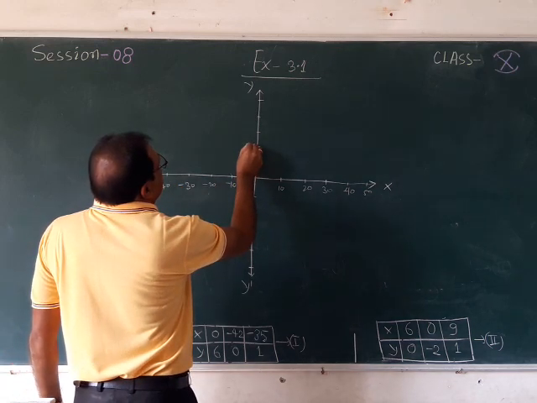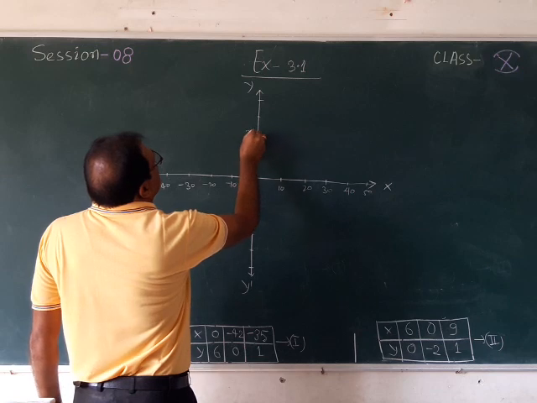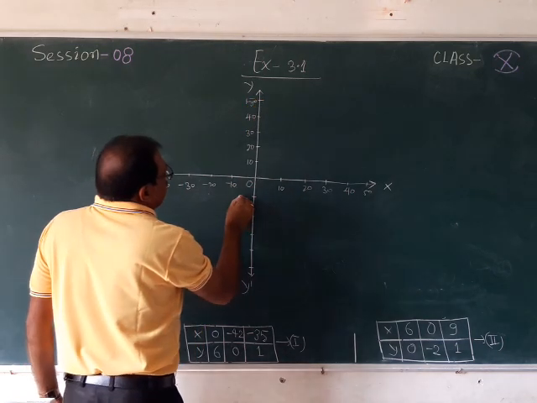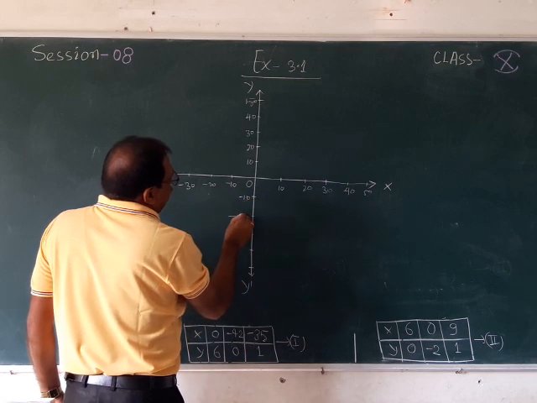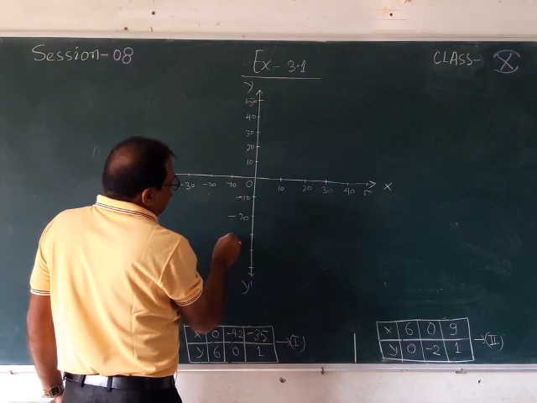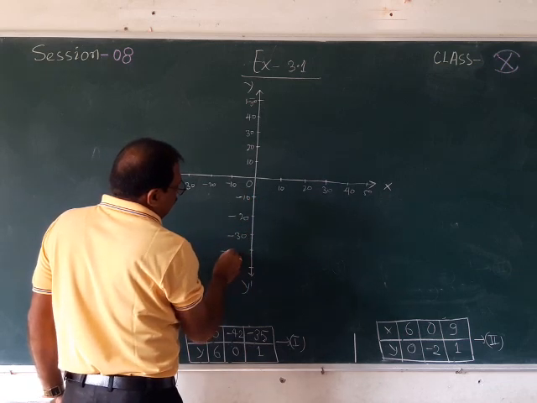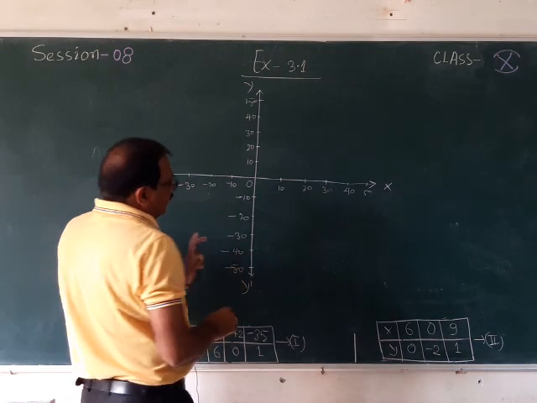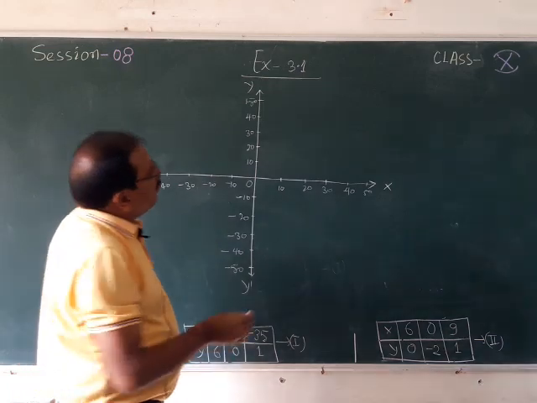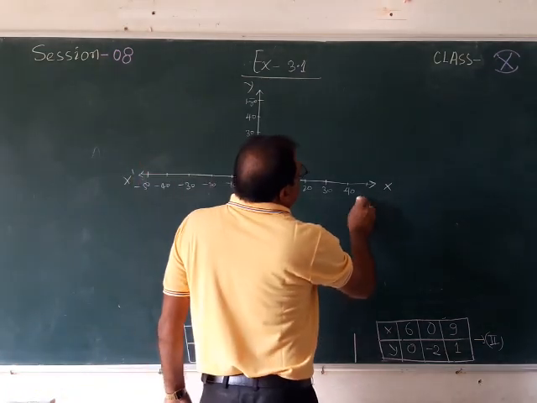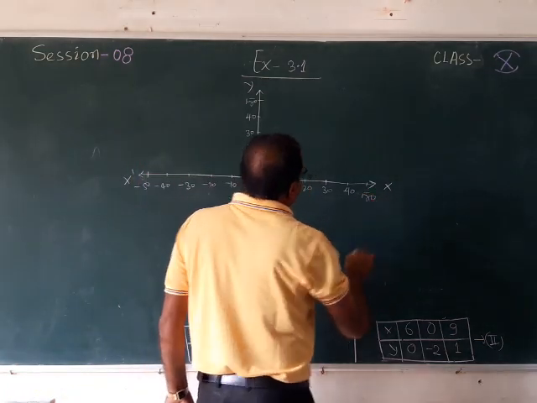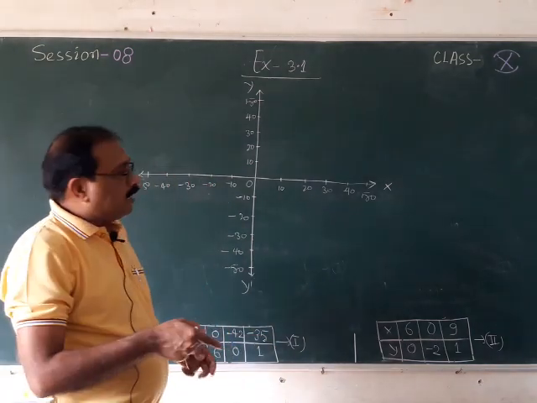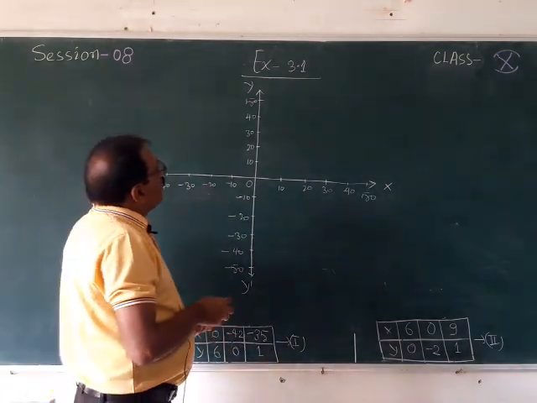Here 10, 20, 30, 40 and 50, and down it is minus 10, minus 20, minus 30, minus 40, minus 50. So the numbers are taken, and I am considering a graph where the biggest square is divided into 10 small lines.